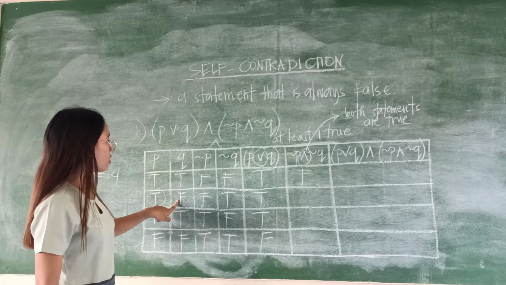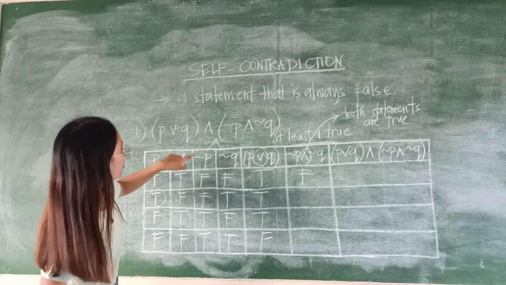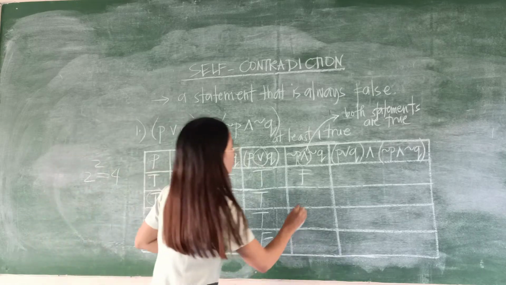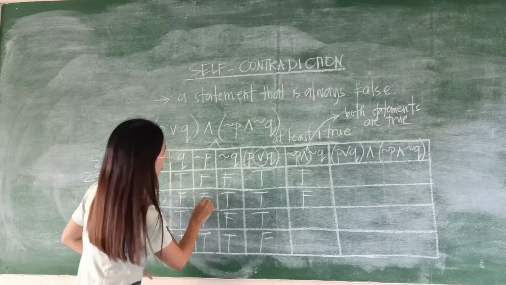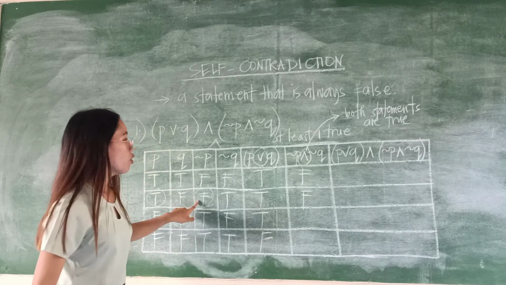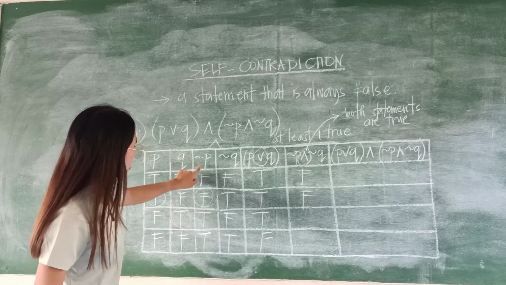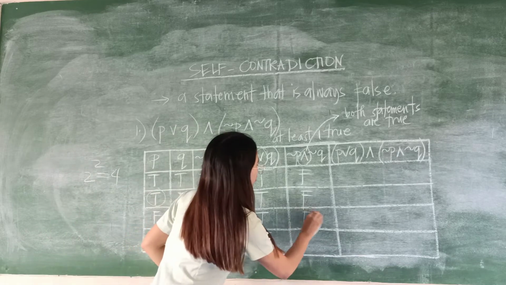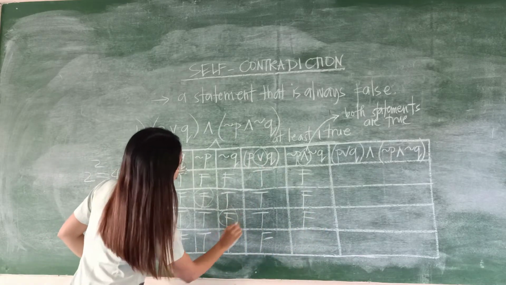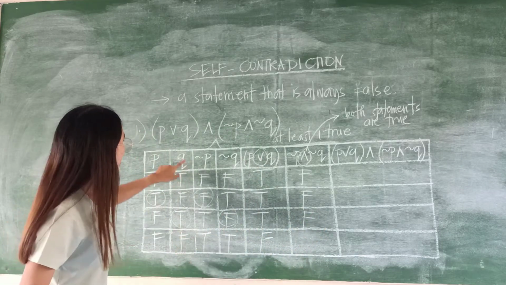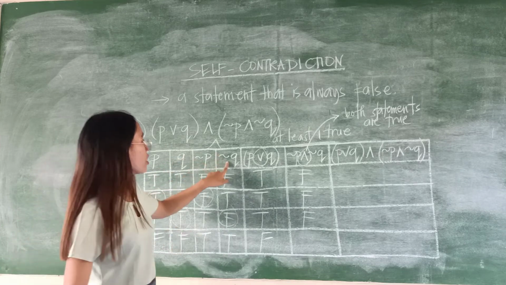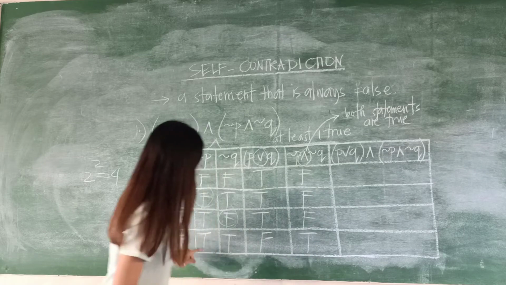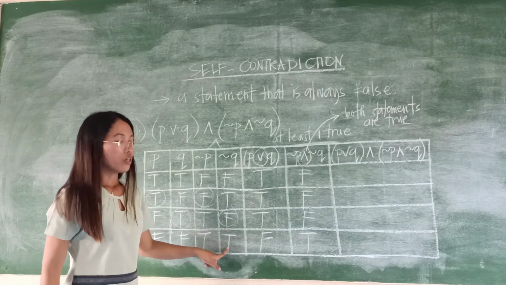Then negation P false and negation Q true, then that is also false because the other statement is false. Then negation P true and negation Q false, then that is also false because negation Q is false. Then negation P true and negation Q true, then that is true because both statements are true.